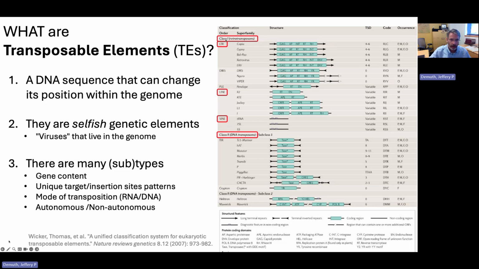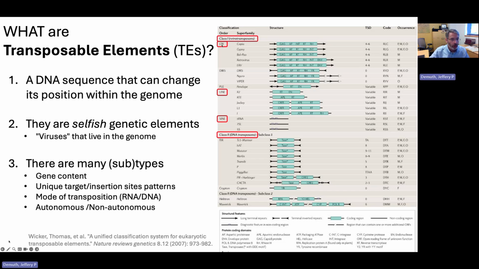So we've got the class 1 transposons, which are all called retrotransposons because they share a mode of transposition. They all have an RNA intermediate where they have to be transcribed and rewritten from RNA back into DNA to integrate into the genome.